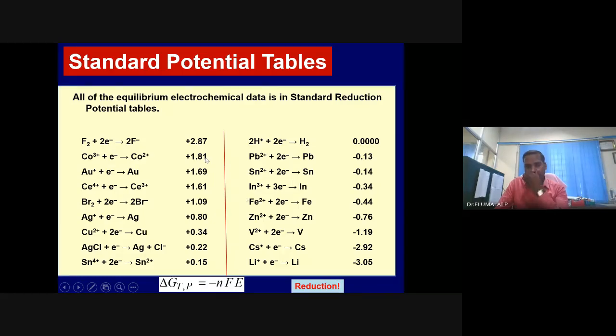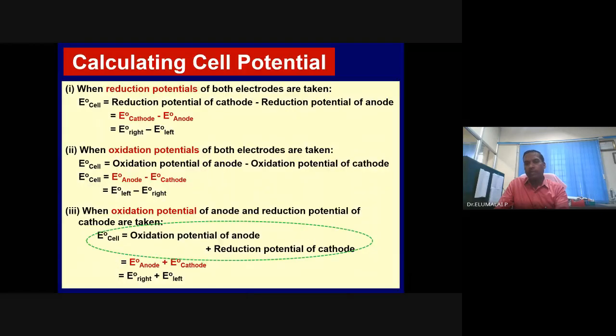Wherever you have a positive, replace it with a negative, and wherever you have a negative, replace it with a positive. That is the oxidation potential. In that case, you do the reverse: subtract the oxidation potential of the cathode, the right electrode, from that of the anode, the left electrode. You get the cell voltage.